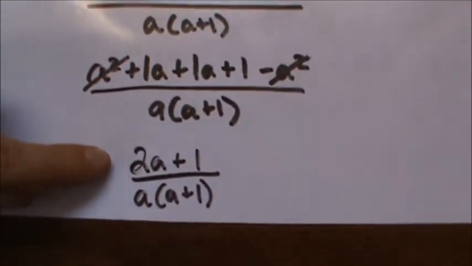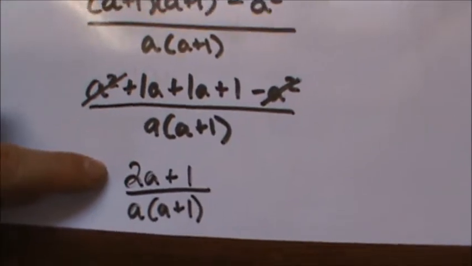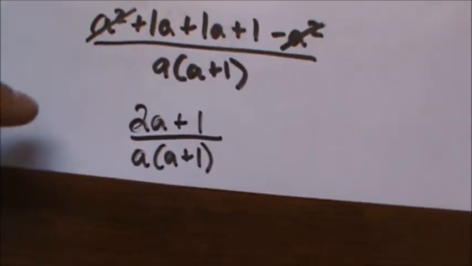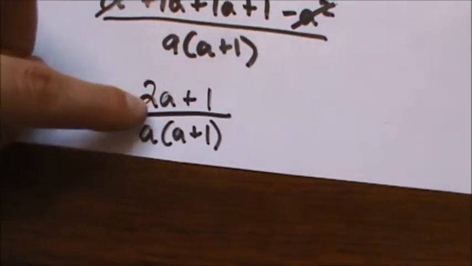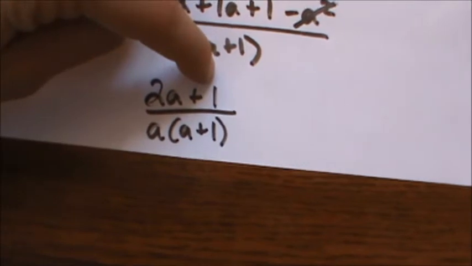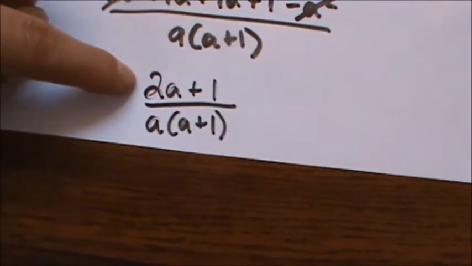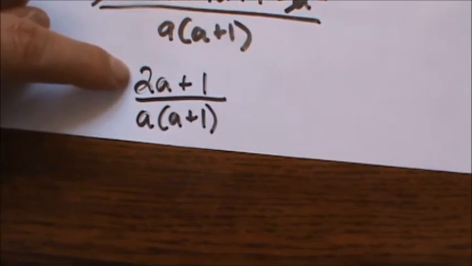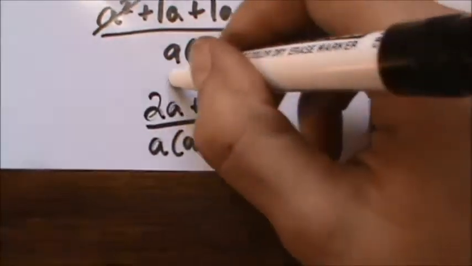Nothing in this final answer can simplify further. I can't cancel something on the top with something on the bottom, because if you notice, this a is attached through addition right here. This whole factor on top is 2a plus 1. I can only cancel it with a 2a plus 1. So this is my final answer.